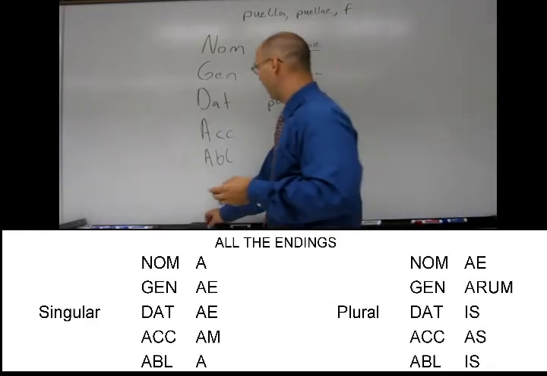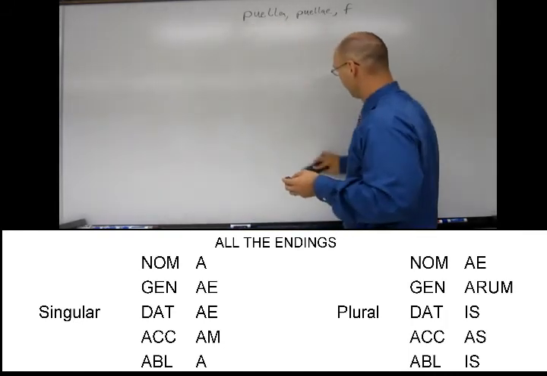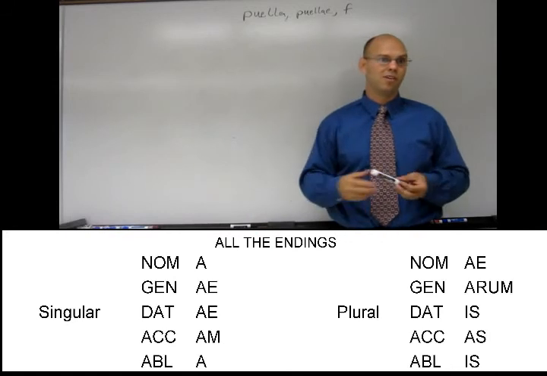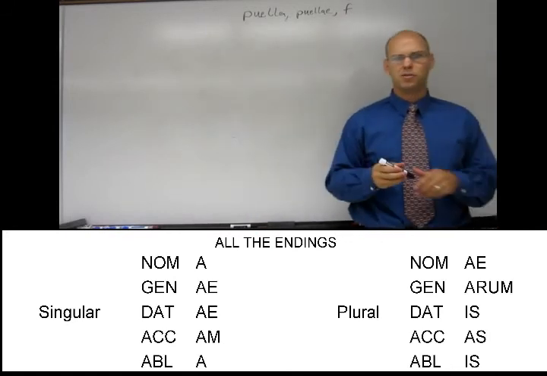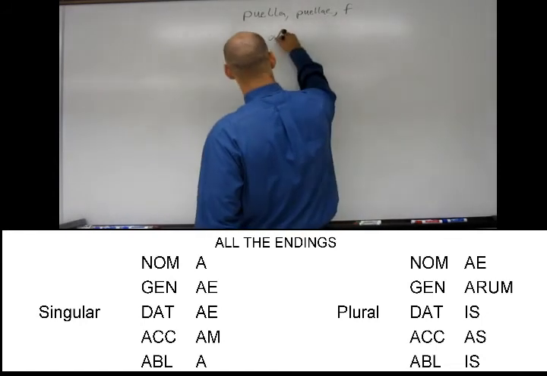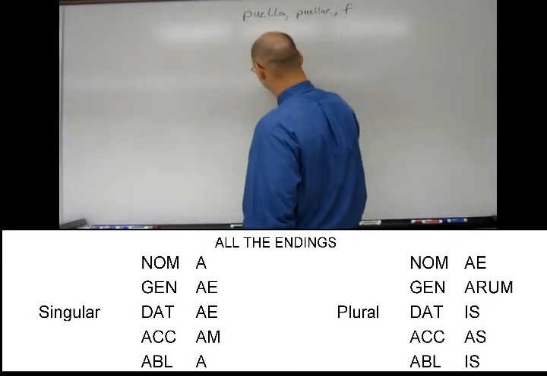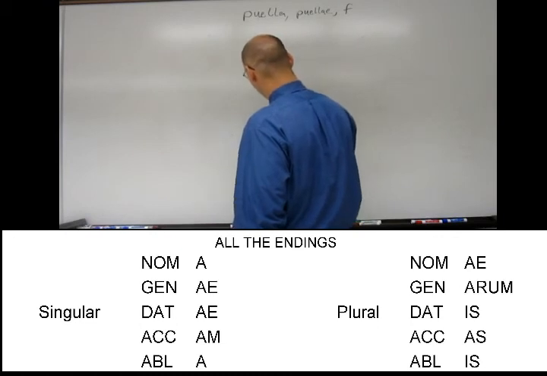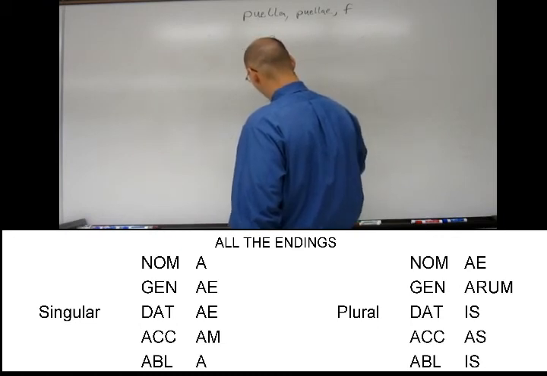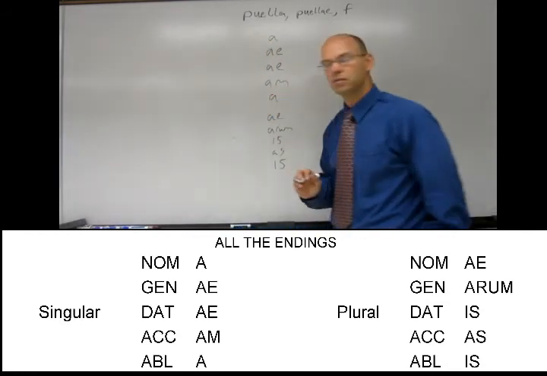The drill that I like to do to help memorize the endings is just write them over and over again. It's almost like your hand will remember it. You'll get used to writing A, AE, AE, AM, AE, ARUM, IS, AS, and IS.